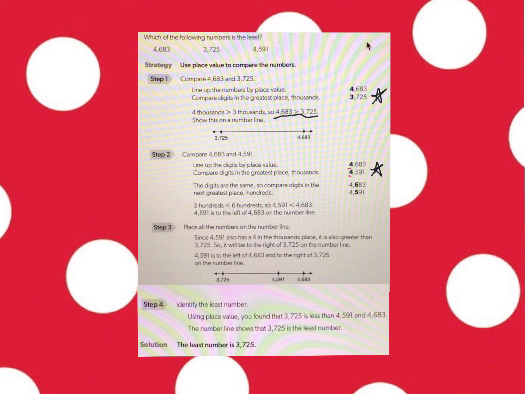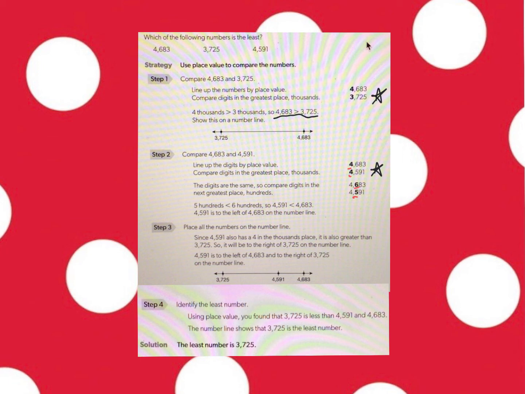When they're the same, we compare the digits in the next greatest place value. This happens to be the hundreds. We know that 500s are less than 600s. So I know that 4,591 is less than 4,683. 4,591 is to the left of 4,683 on the number line.